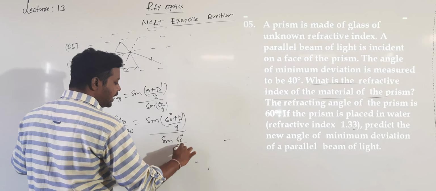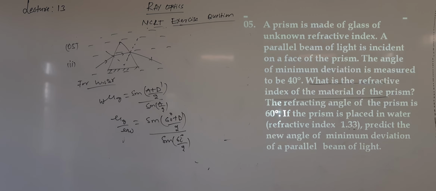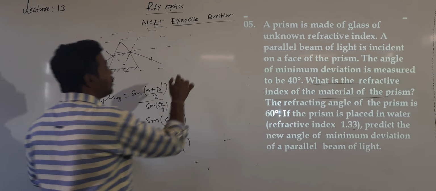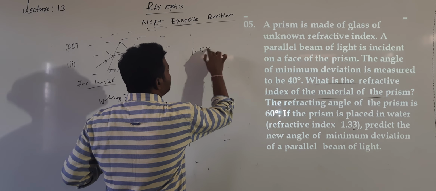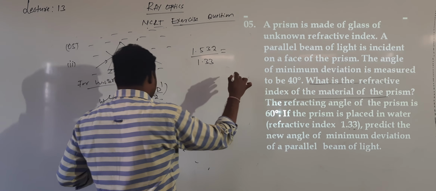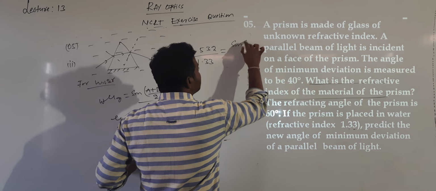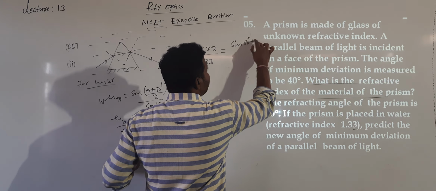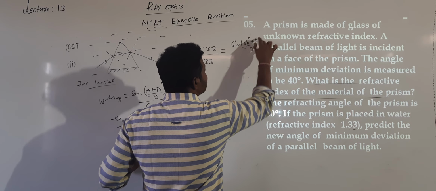So can I substitute the values? What is the refractive index of glass I got? The glass refractive index is 1.532. So 1.532 by 1.33 is equal to sin of (60 degrees plus D dash) by 2 by sin 30.